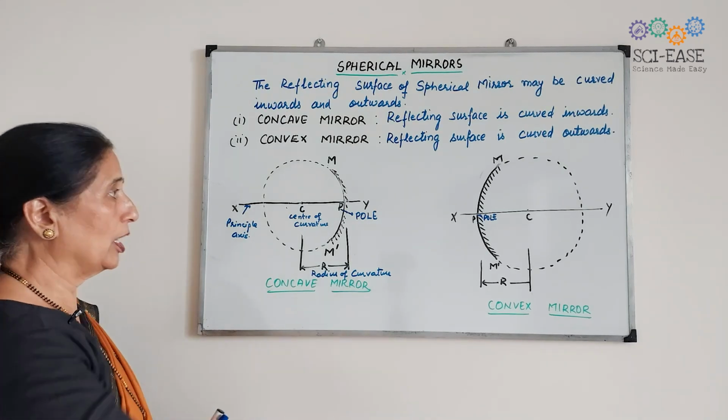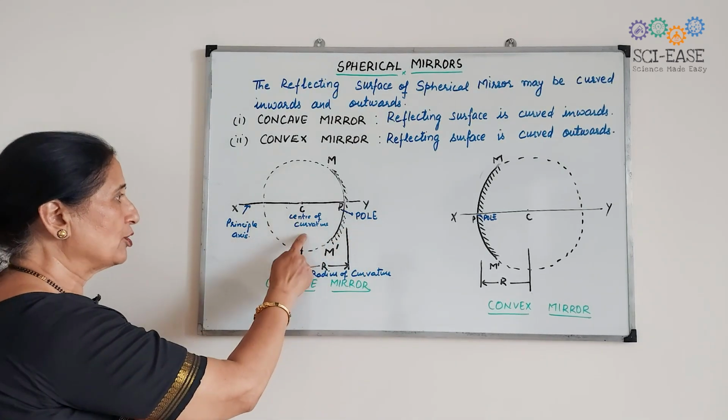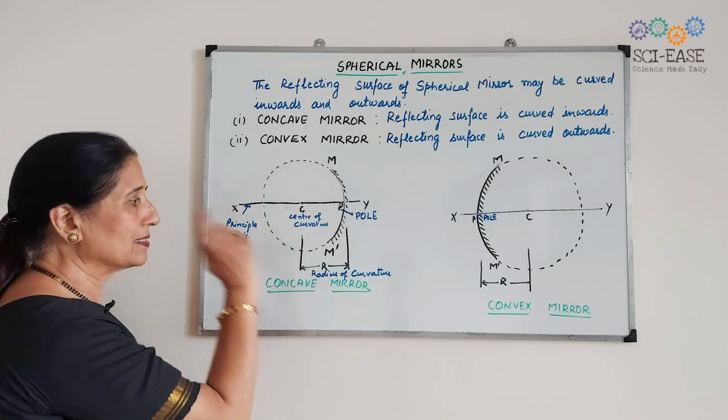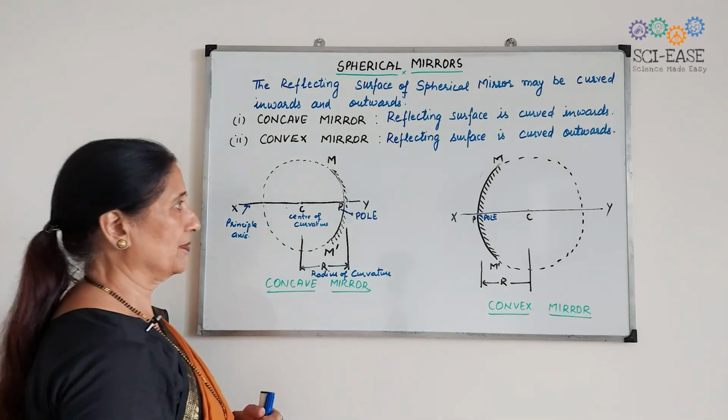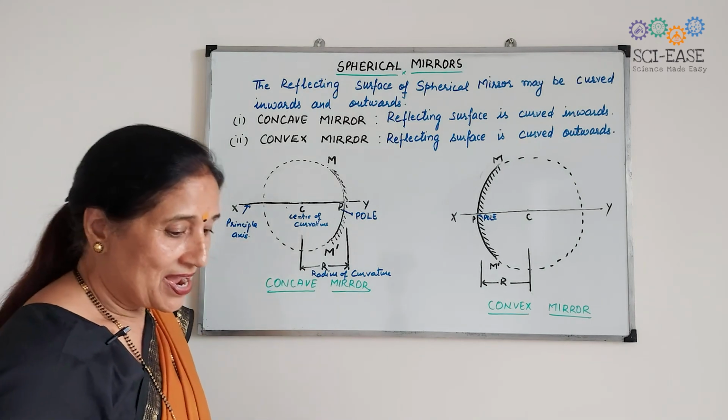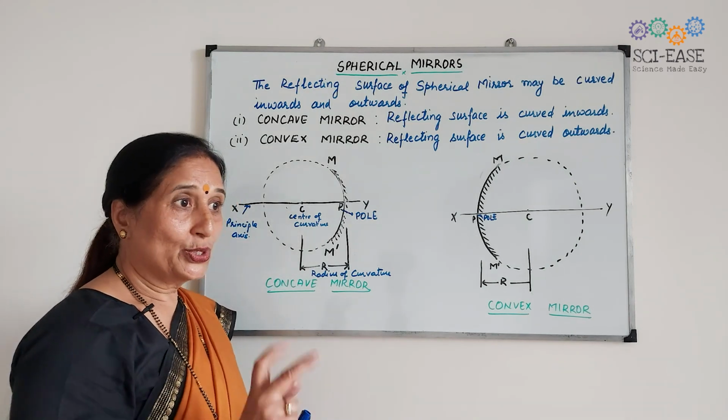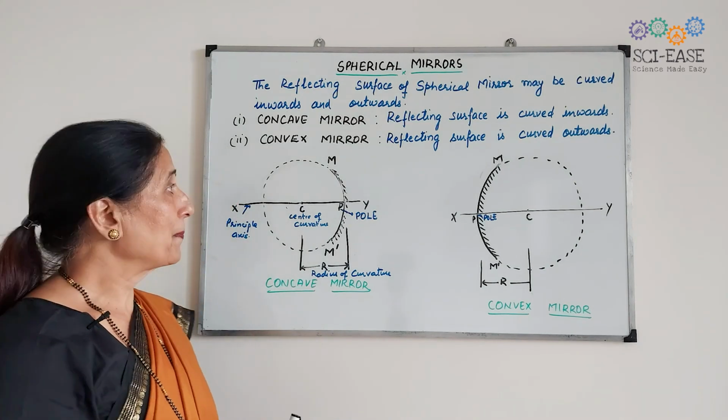So, I have told you about pole, center of curvature, principal axis, and radius of curvature. Now, next, I want to tell you two more terms.